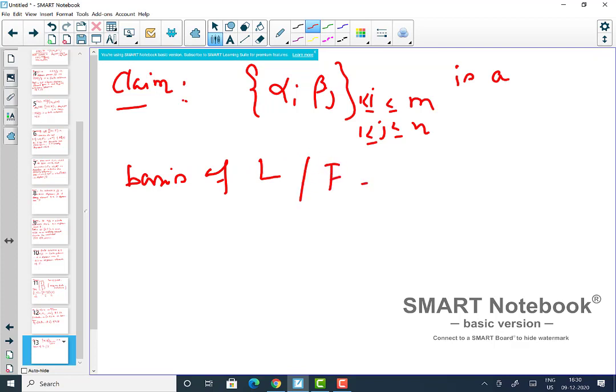If I prove this, then I am done. Then it will actually be the product m into n, right?